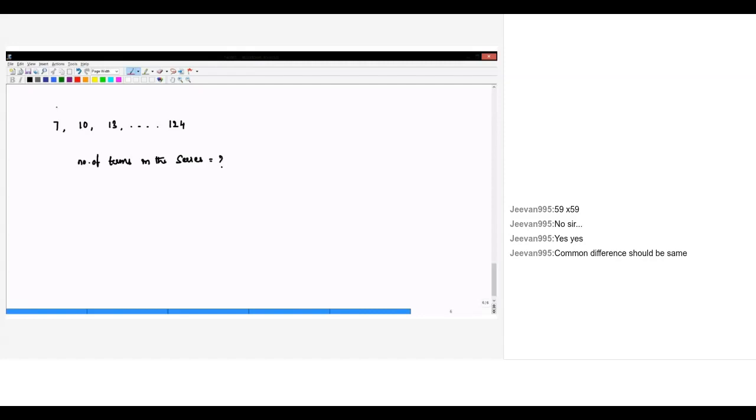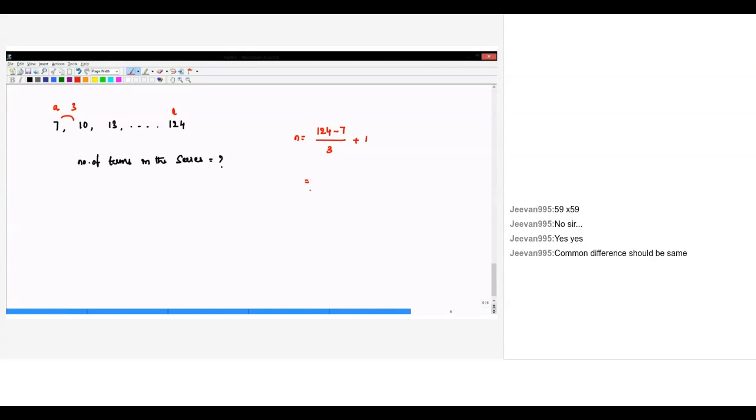First term, last term, difference is 3. Therefore, n is equal to last minus first by difference plus 1. Right?